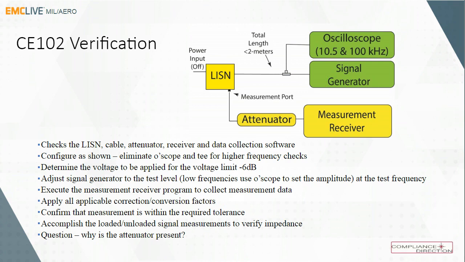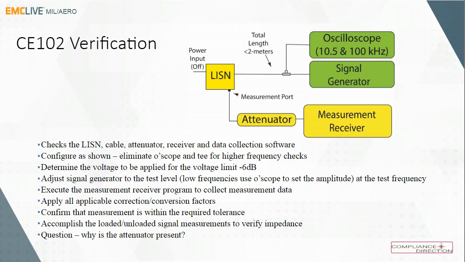At 10.5 kilohertz, we expect about 14 dB of change. It goes up by 14 dB. So the loaded and unloaded test is an additional step, because we're not doing periodic calibrations, to verify the LISN impedance. So it's good. A question I've already kind of answered was, why is the attenuator present?